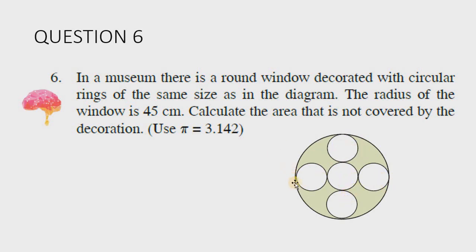And then you see, 3 rings can cover the whole diameter of the window. So the question says the radius of the window is 45. That means the diameter will be 90. So 90 divided by 3, we get the diameter for each of the rings here.